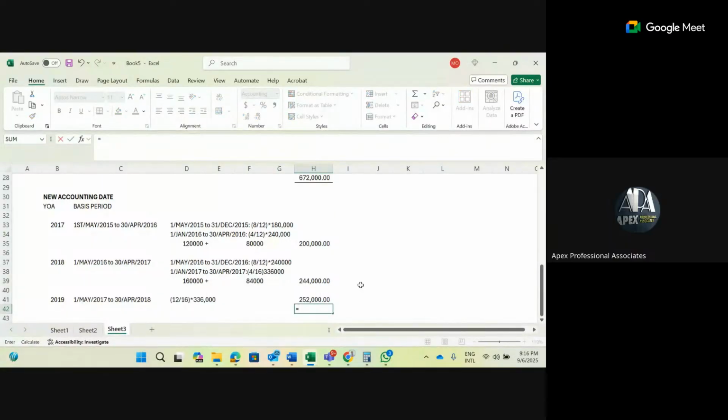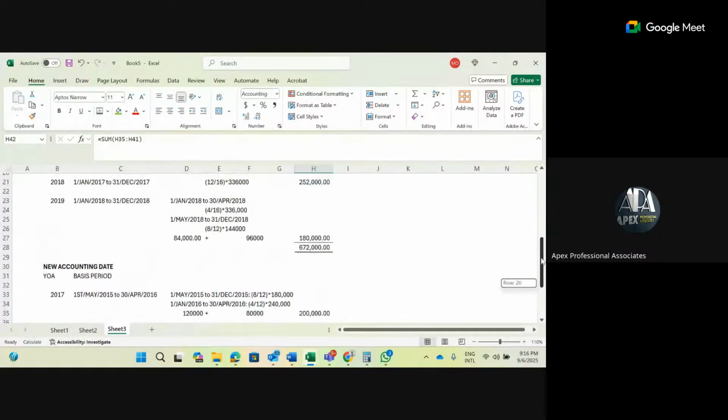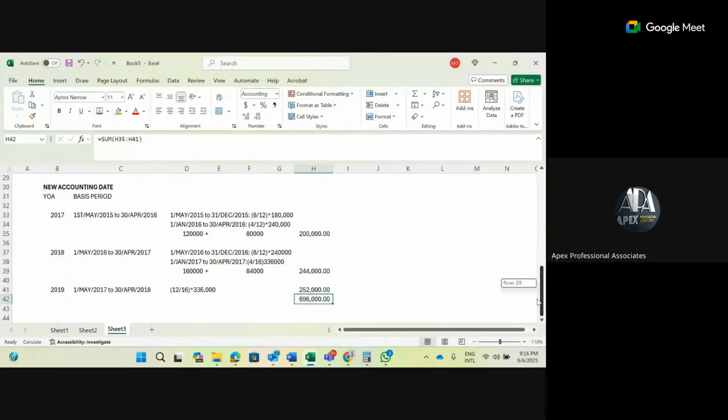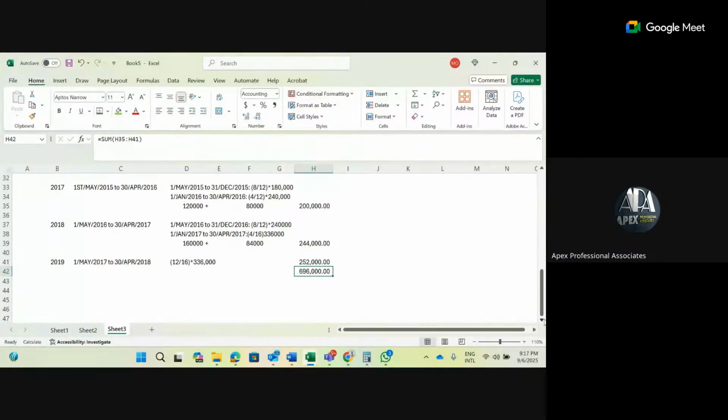So the next one is for me to do the summation. Let me total it up. What do I have as my total? I have 696,000 naira. So we are done with rules A, B, C, D, E. The rule F is now that FRS has the right of election.